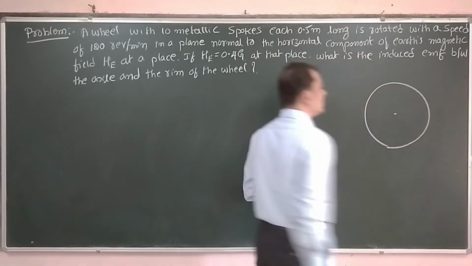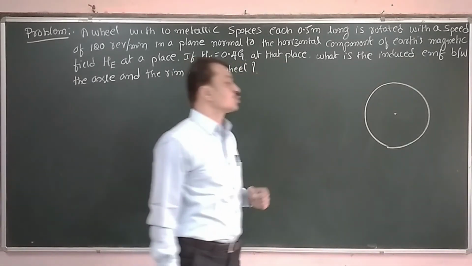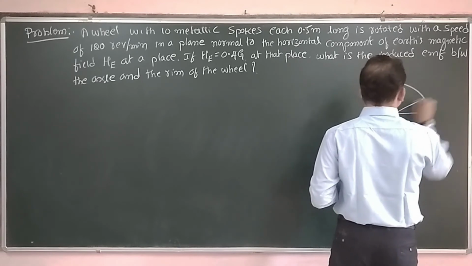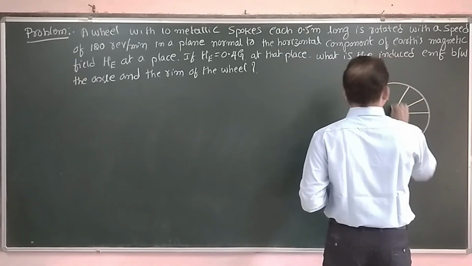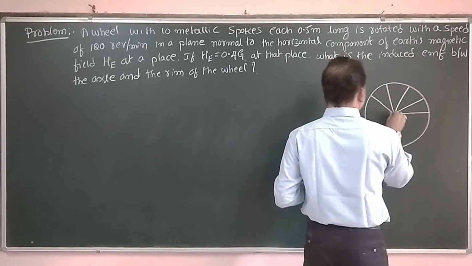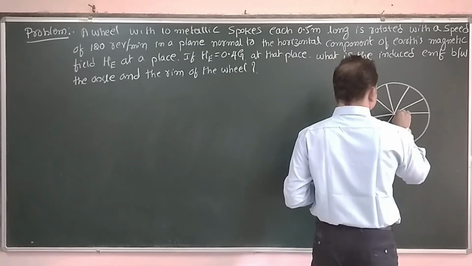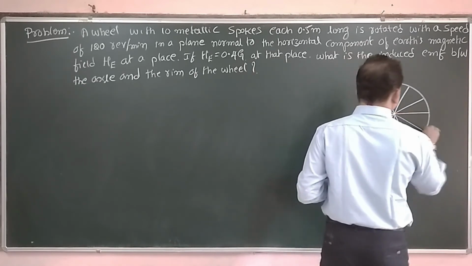Now we have a wheel here. Now that wheel contains 10 spokes. 1, 2, 3, 4, 5, 6, 7, 8, 9, 10.